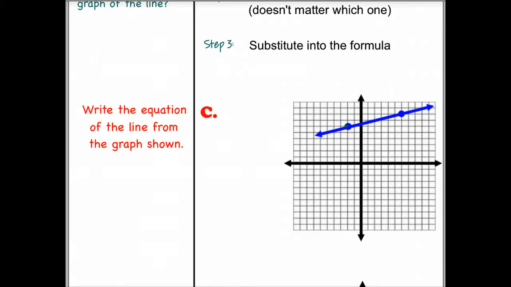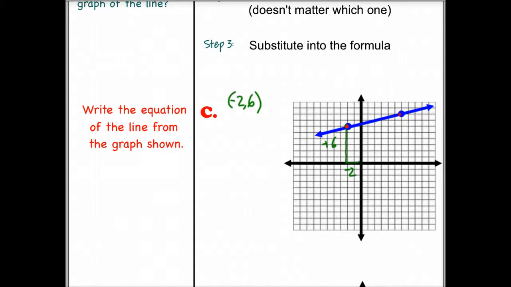So we know that it's 1, 2, negative 2, 1, 2, 3, 4, 5, 6, positive 6. So our point is negative 2, 6. And now we want to find the slope. So we're going to start at this point and go to this point.